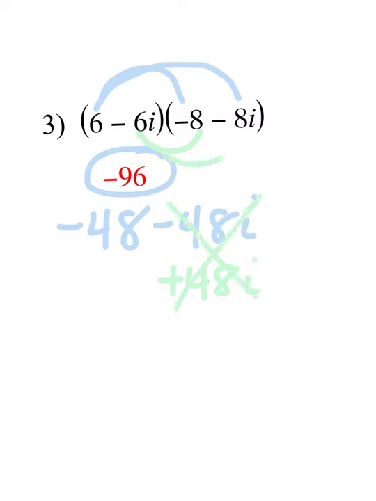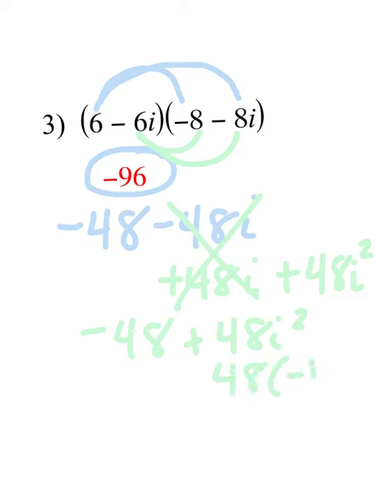And negative 6i times negative 8i, negative times a negative is a positive. Alright, 6 times 8 will be 48, and i times i is i squared. So we got negative 48 plus 48i squared. That's still not the answer of negative 96 because, if you remember, i squared is negative 1.